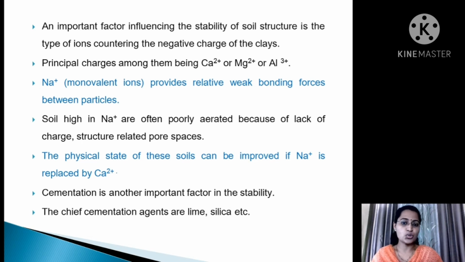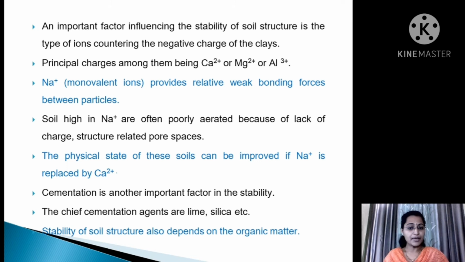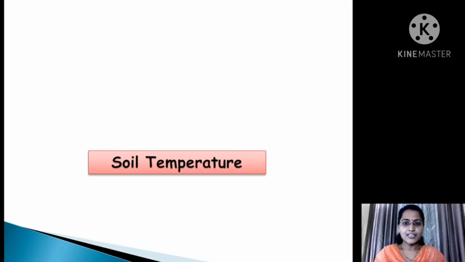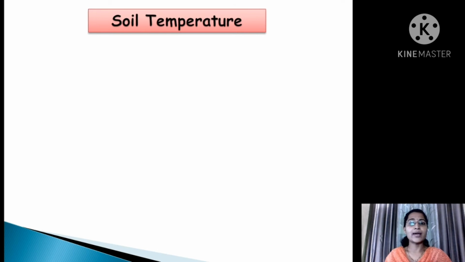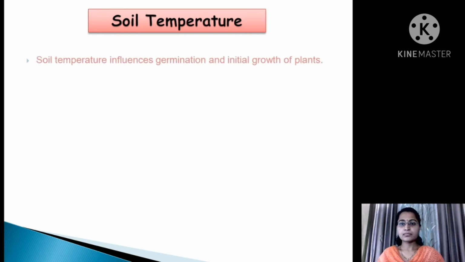Now see the next point: stability of soil structure also depends on the organic matter present in it. See the next point, that is soil temperature.